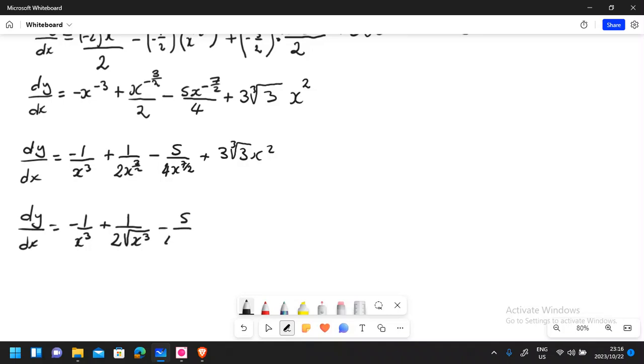Let's not forget we have 4 here. Okay, and then here we're gonna have square root, and then we're gonna have x to the power of 7 plus 3, and then we have root 3, and then 3, and then we're gonna have x to the power of 2. When you look at this, this is our final answer.